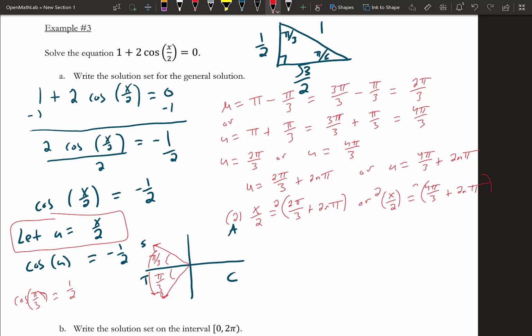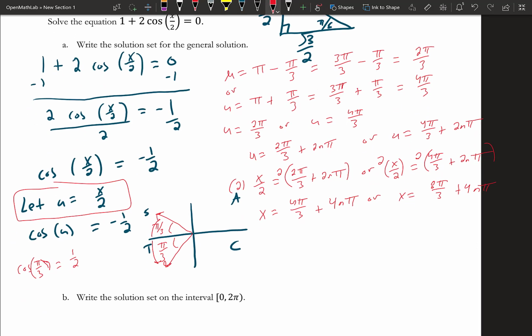That way I can get x by itself. So this would give me x equals 4 pi over 3 plus 4n pi, or x would be equal to 8 pi over 3 plus 4n pi. Right? So then the general solution would be any x such that x equals 4 pi over 3 plus 4n pi.